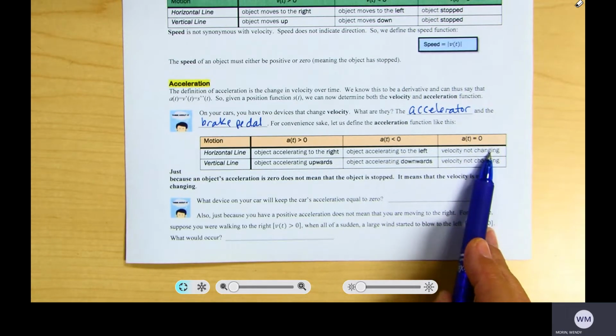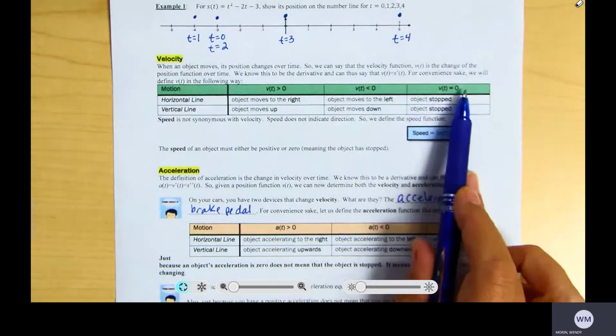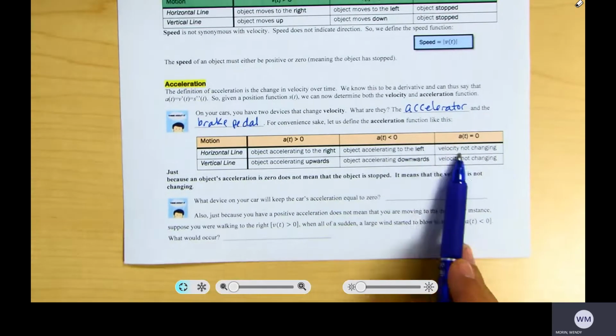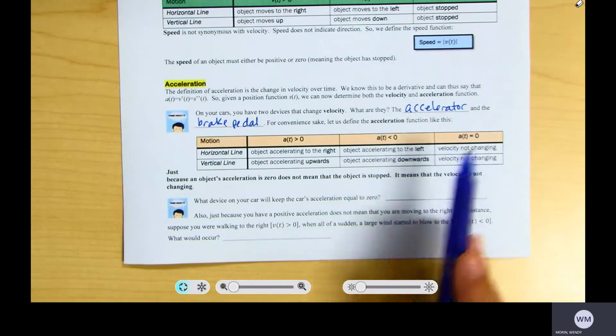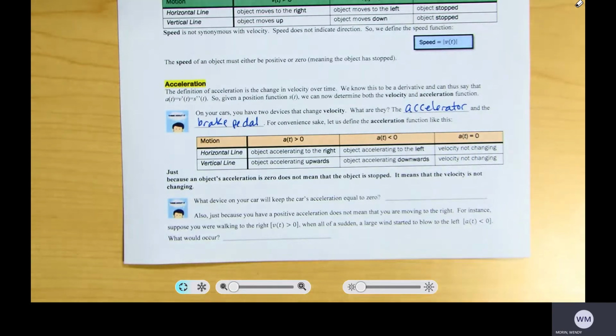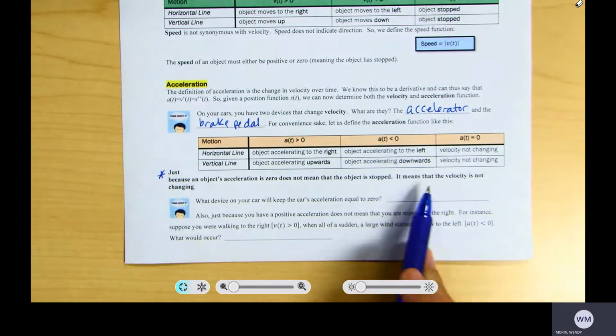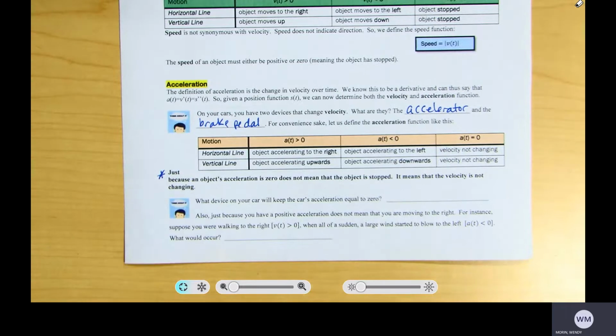People get that confused. The velocity is not changing when your acceleration is equal to zero. Just because an object's acceleration is zero does not mean the object is stopped. It means the velocity is not changing.